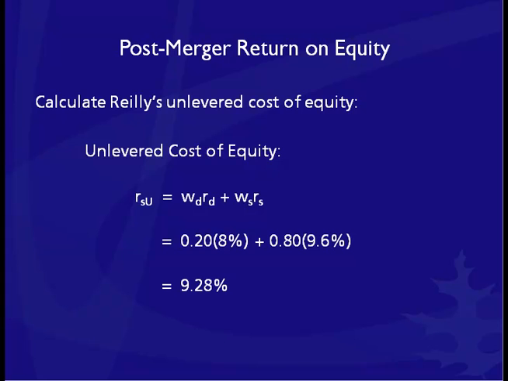So we know we had a 20% debt factor, and we multiply that times an 8% cost of debt, and then we add to it an 80% stock weighting factor, and we get that by taking 1 minus the 20% debt weighting that was given in the problem, and we multiply that stock weighting times the required rate of return we just calculated using the CAPM model of 9.6%. So when we multiply the two terms out, we come up with an unlevered cost of equity for the target company of 9.28%.